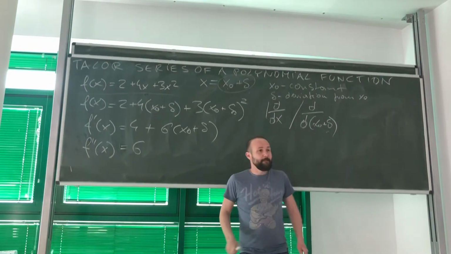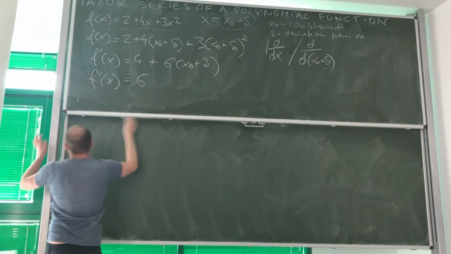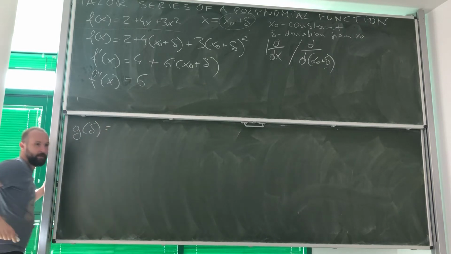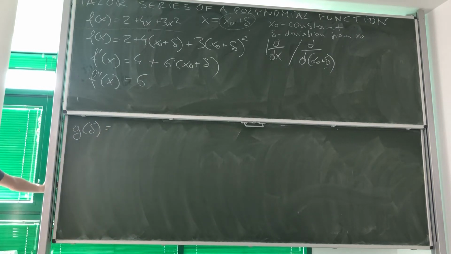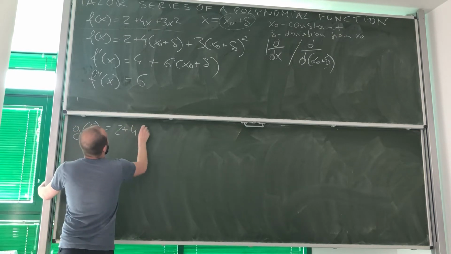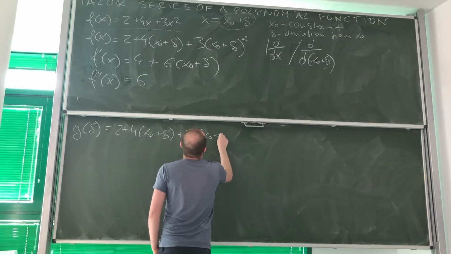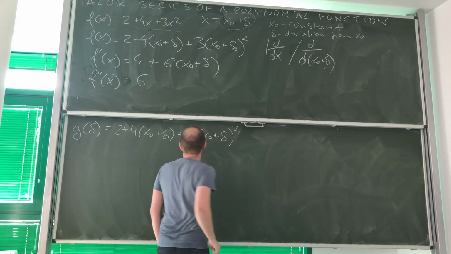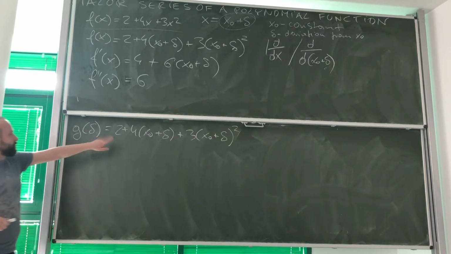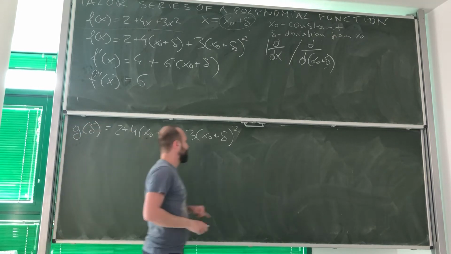So let's try. Let's say we've got a function g, and this is the function of delta. How can I write it? Well, actually, exactly in the same form. Remember that this is a constant, this is g.